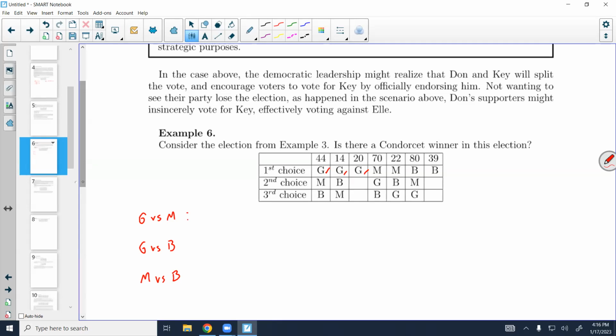So that's 78, and the rest go to M. So what? 92, 172, and we don't count this one because nobody is preferred here of those two. So what is that? 172. So M is preferred over G.